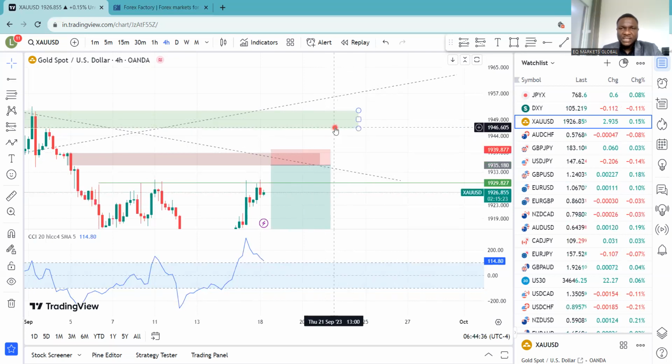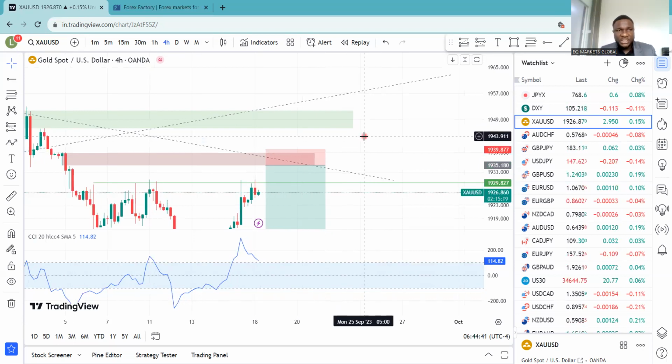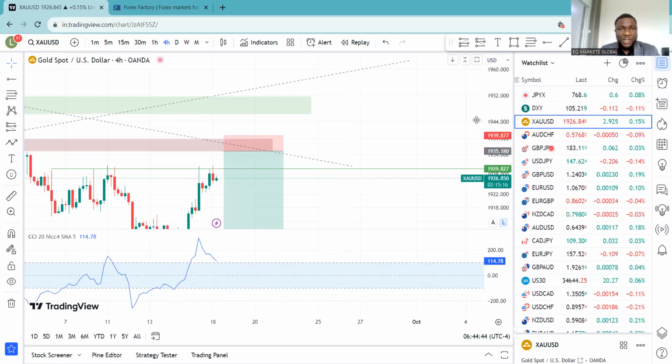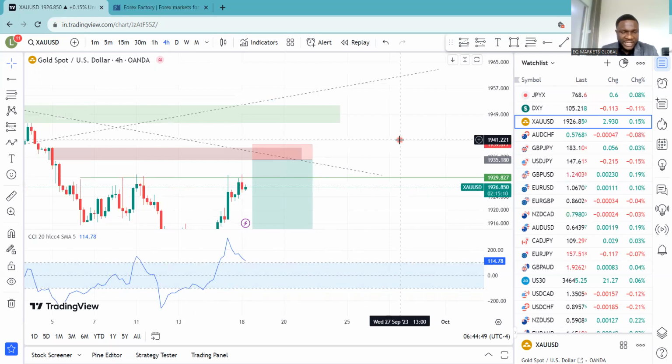Between 1946 and 1951, we can also look for another sell opportunity on gold around that level. So this week, on this weekly market outlook, I'll give you 3 trade setups, and then we go.